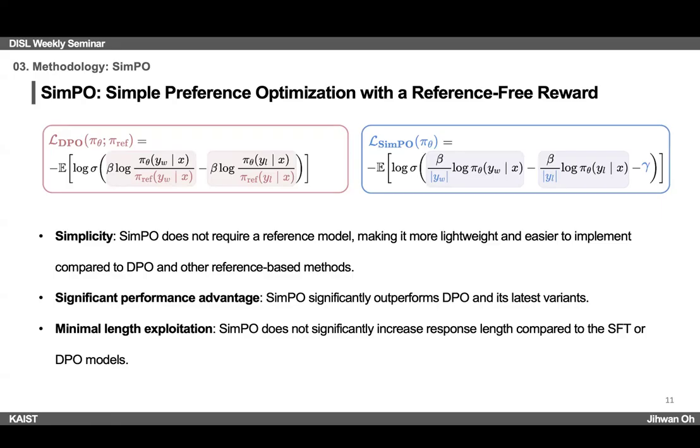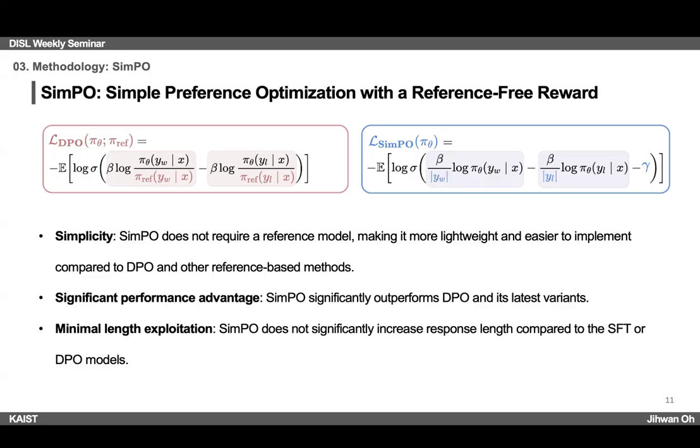Okay, then I agree with that. Eliminating the reference model would be good in terms of several aspects you mentioned. But one concern is that it entirely erases the regularization part from the original optimization, which is quite critical in some scenarios to keep the trained model similar to the original reference model.